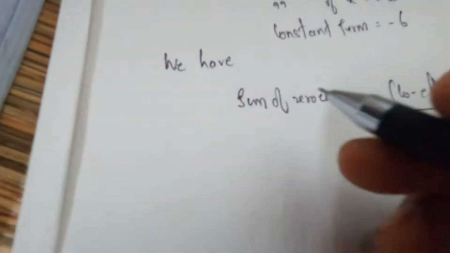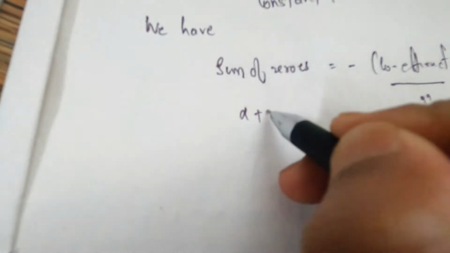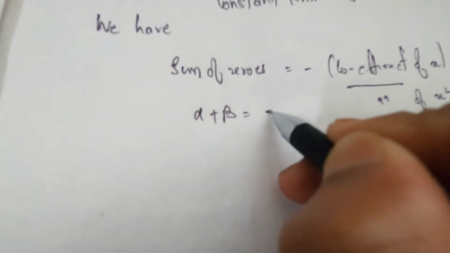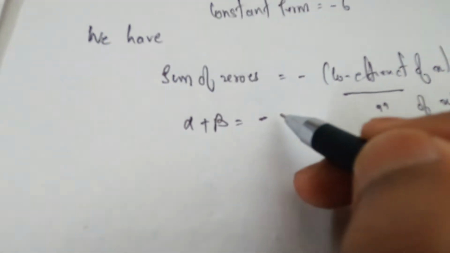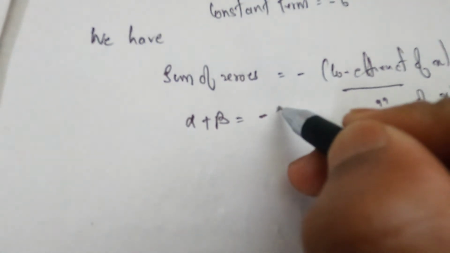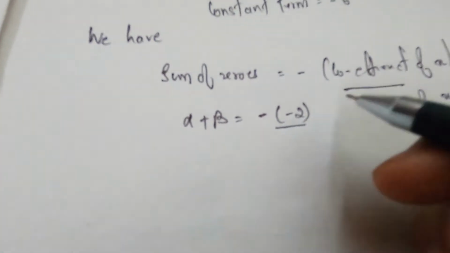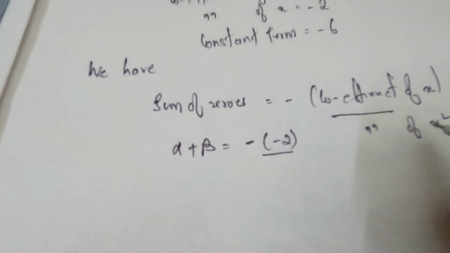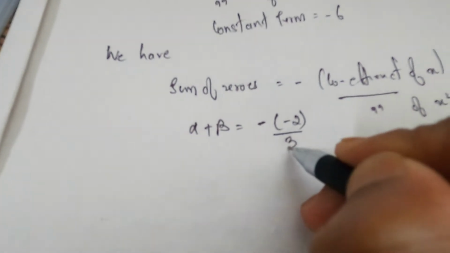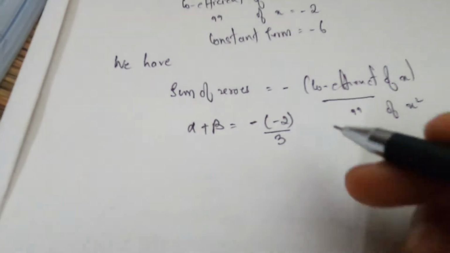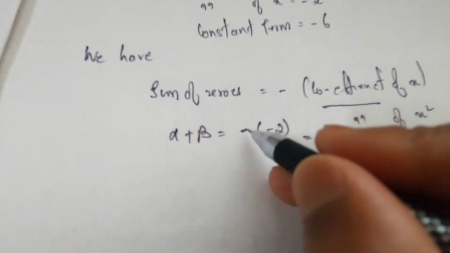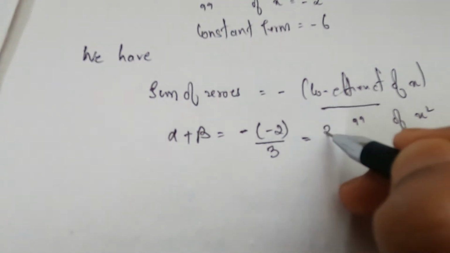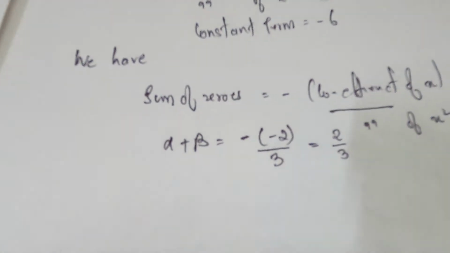So sum of zeros, alpha plus beta, is equal to minus coefficient of x, here minus 2, and coefficient of x square will be 3. So alpha plus beta, the sum of zeros, minus into minus will be plus, it will be 2 by 3.